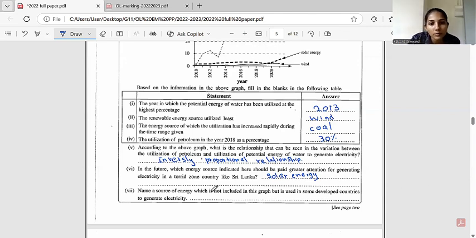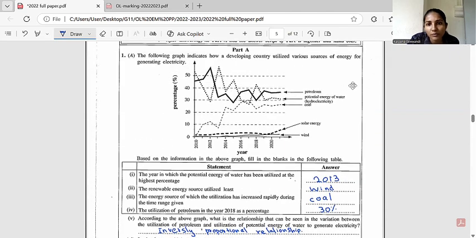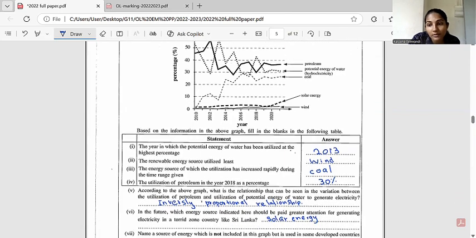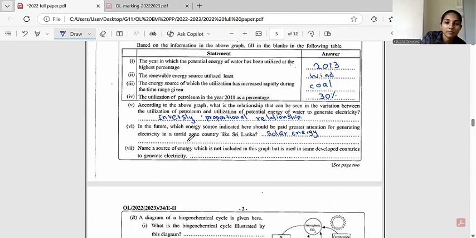Name a source of energy which is not included in this graph but is used in some developed countries to generate electricity. So here we have solar, wind, coal, hydropower, and petroleum. Then nuclear energy, then tidal energy. So those are not mentioned. So we can write nuclear.